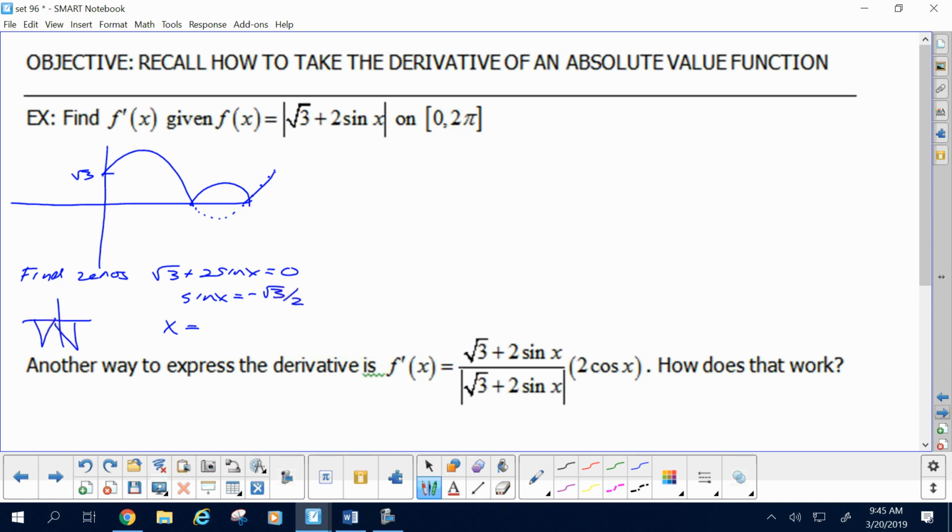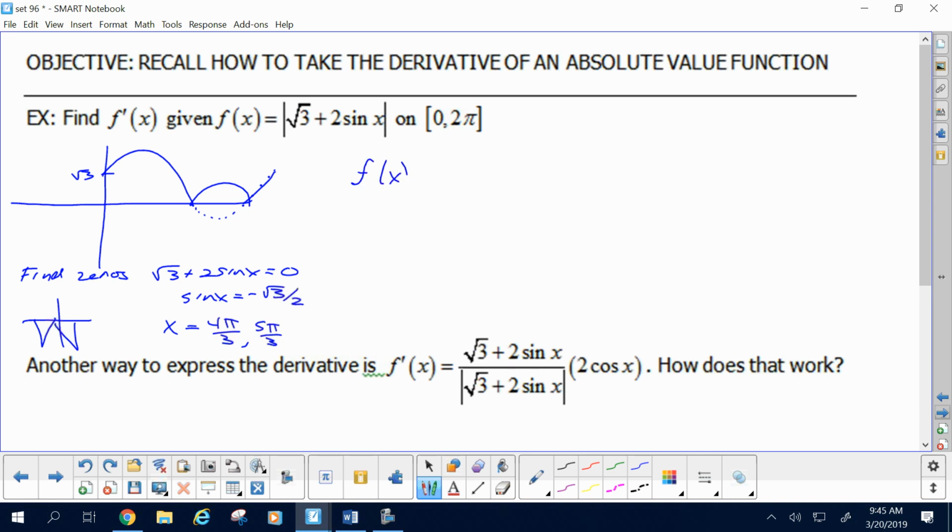Where are the flip points? Where's that equal to 0 and then getting flipped? 4 pi over 3 and 5 pi over 3. Are your trig skills there still? Or were they ever there? Okay. All right then.